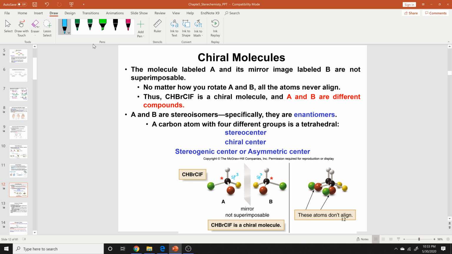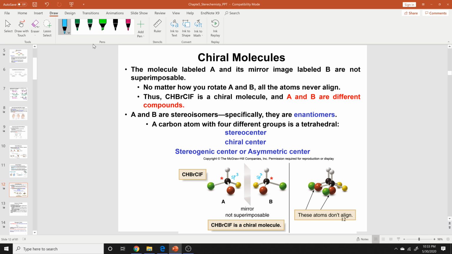So the point is, for the molecule to be chiral, it has to have a chiral center. A chiral center is a center that is surrounded by four different groups. So if you have a chiral center and you draw the mirror image of your molecule, then the mirror image is not going to align with the molecule.